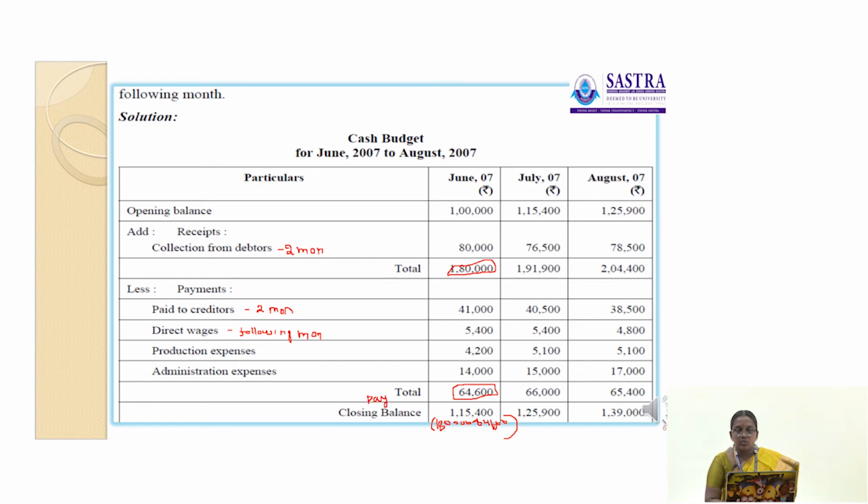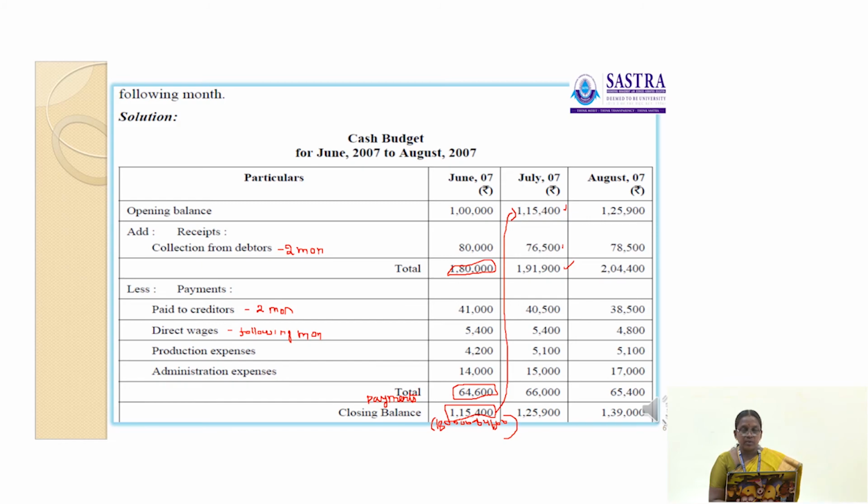Okay, so in July 2007, here cash receipts from debtors 76,500. Then total receipts for the month of July 2007: 1,15,400 plus 76,500 is equal to 1,91,900. Then less payments.